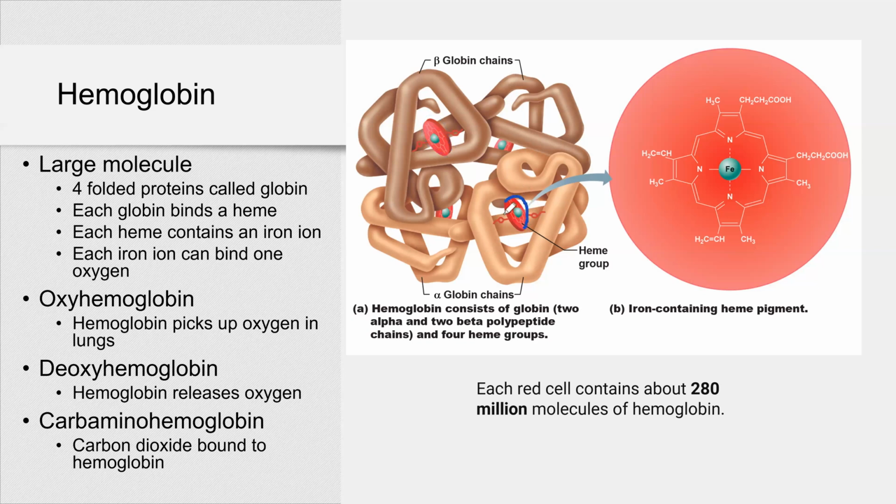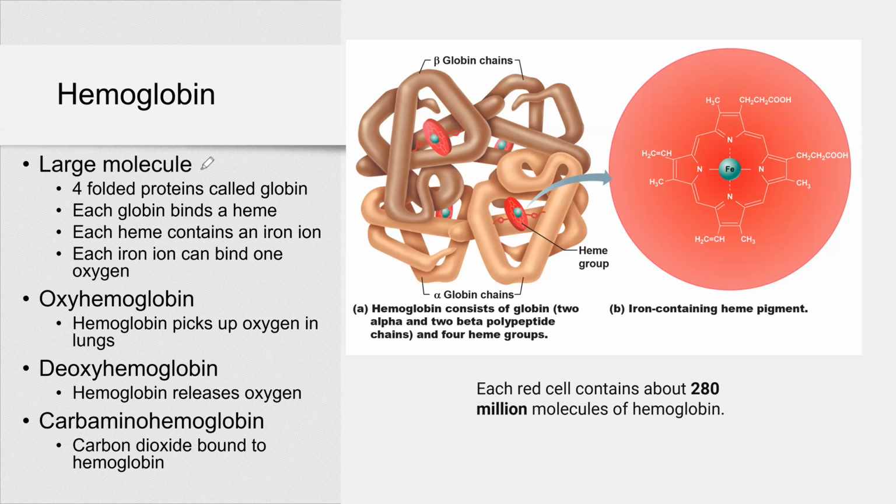Each hemoglobin has 4 heme groups. This is what a heme group looks like. In the middle of each heme group, you will have iron. Then you have nitrogen, and of course carbon, oxygen and hydrogen, right? But in the middle, you will have iron.